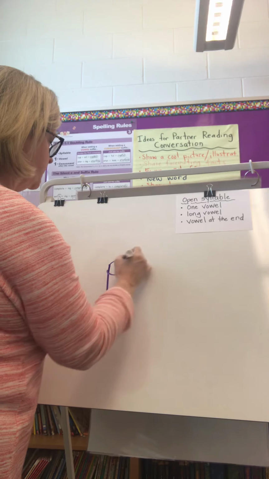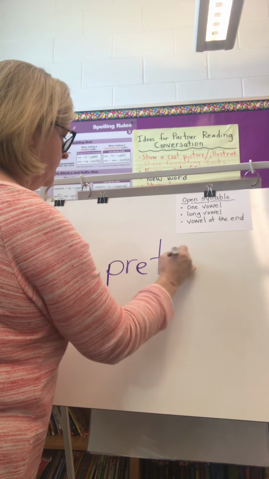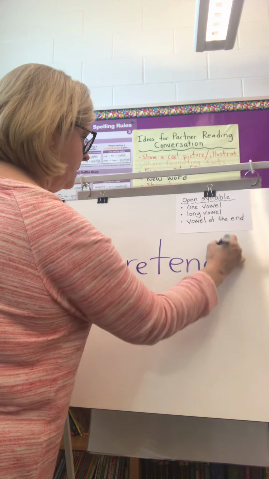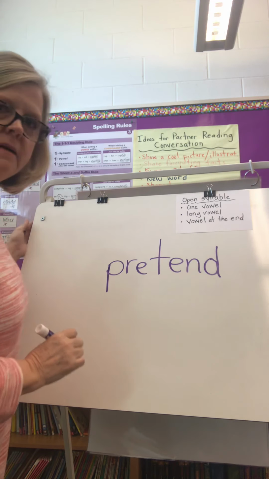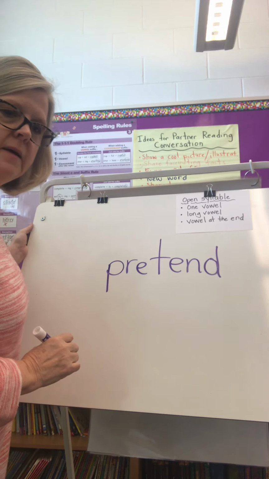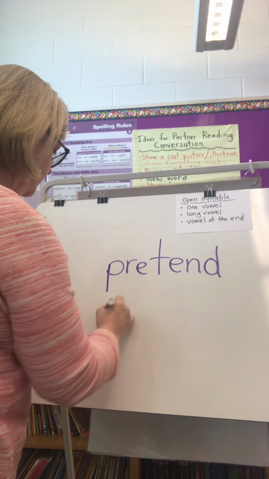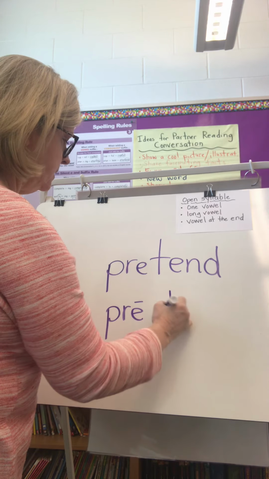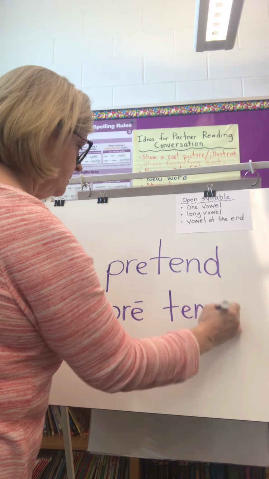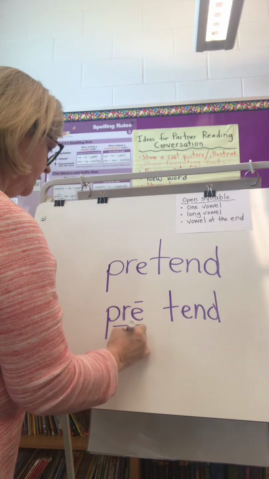All right, we have the word pretend. People might say pretend, I want to pretend, but really this is going to be pre with a long E and then tend. So our open syllable is here.